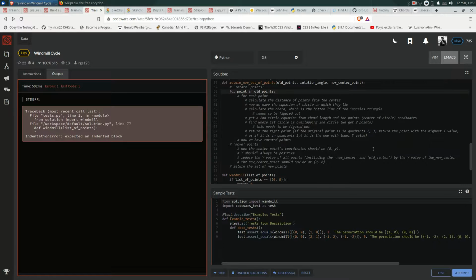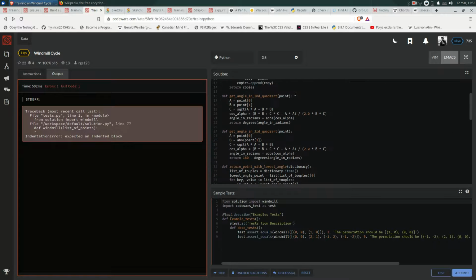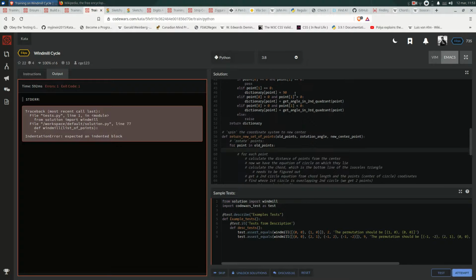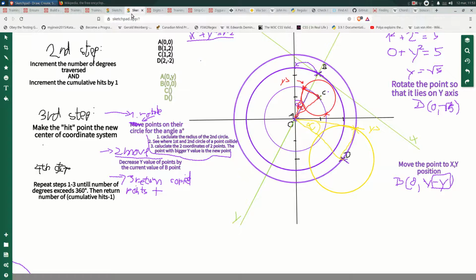Expected an indented block. It's not even called, so we say for point in points, calculate the distance of points from the center. So how do we do that? It's very easy.